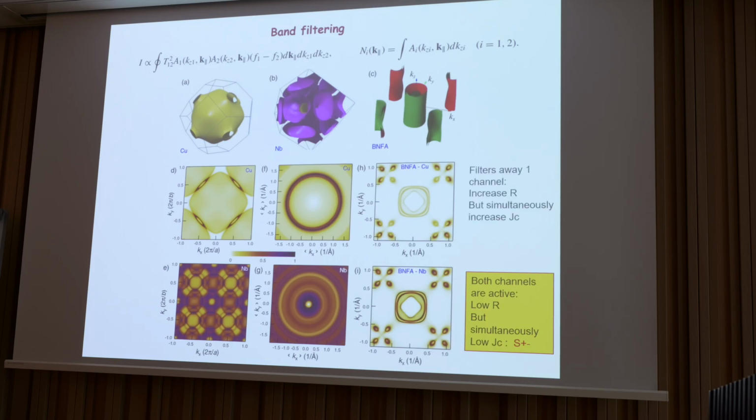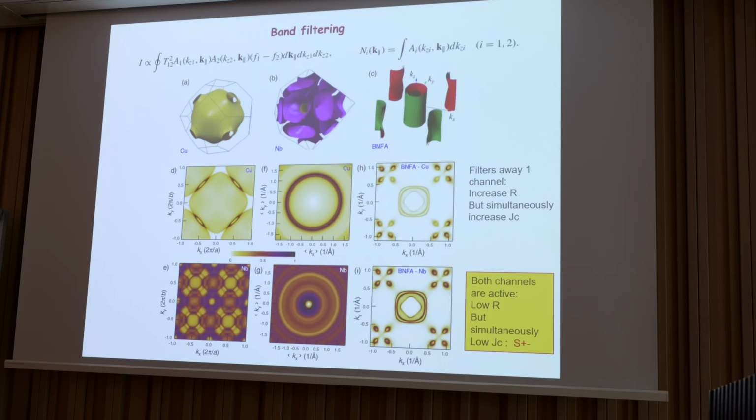For copper, only one band is active, in this case, the corner bands. That filters away the central one, and that leads to an increase of resistance, because one band is cut off. However, at the same time, it leads to a simultaneous increase of the critical current, because there is no current cancellation.